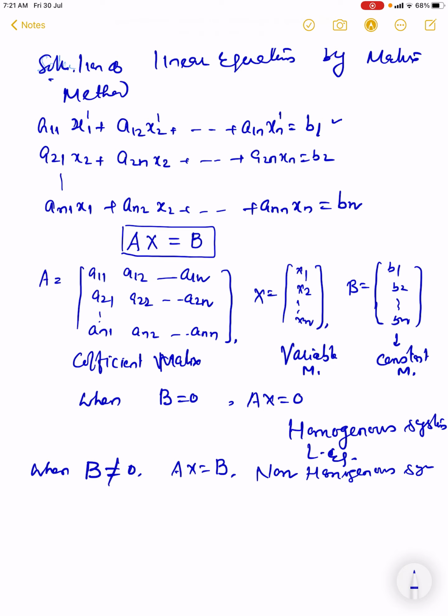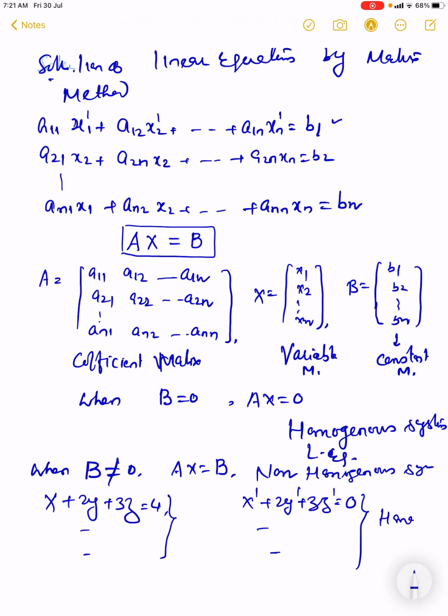Just see through the example, like x plus 2y plus 3z equal to 4, and suppose there are three equations. And x plus 2y plus 3z is equal to 0. Here the right side is equal to 0 because we have the variable power the same, as 1, throughout the equations. That's why it is known as homogeneous.